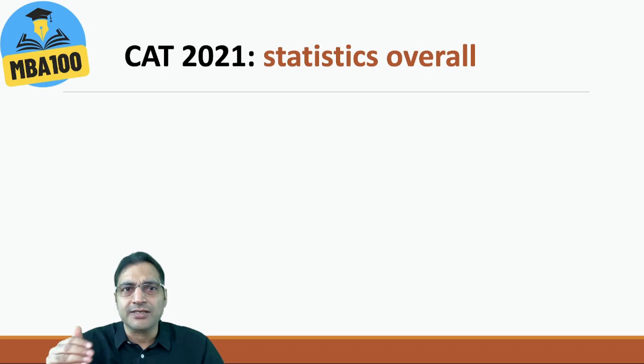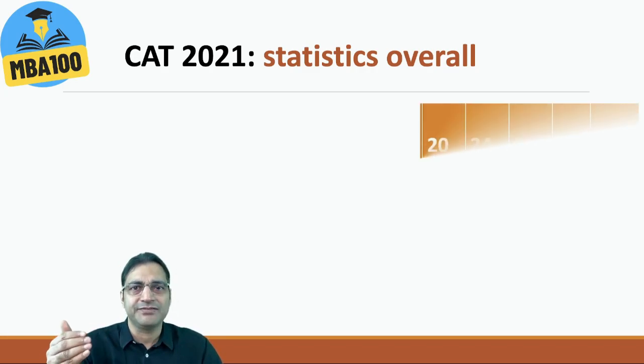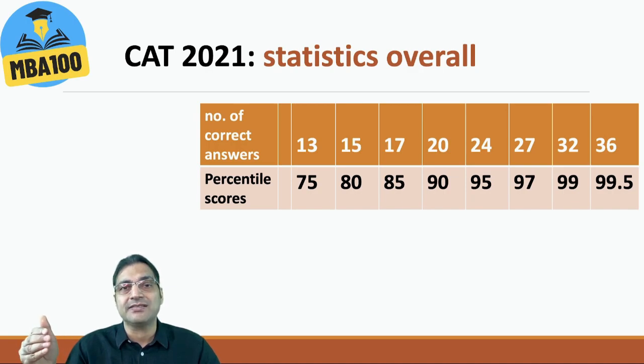Now we are going to look at certain statistics on CAT 2021 just to make you feel comfortable. When it comes to overall performance, by getting net 13 correct answers, percentile 75. Similarly, by getting 17 correct answers, net, all right, 85 percentile. For 27 correct answers, 97 percentile. And why am I saying net 27 correct answers?